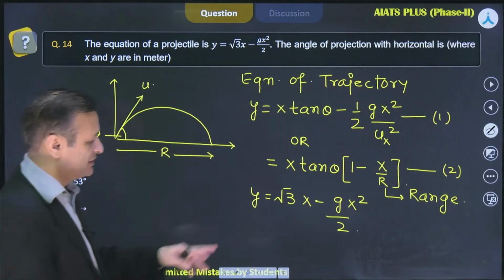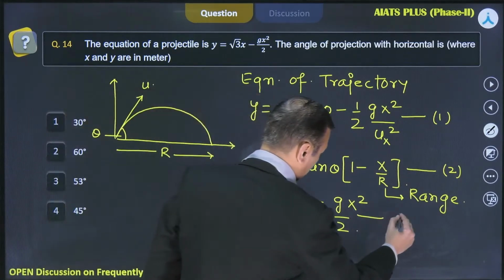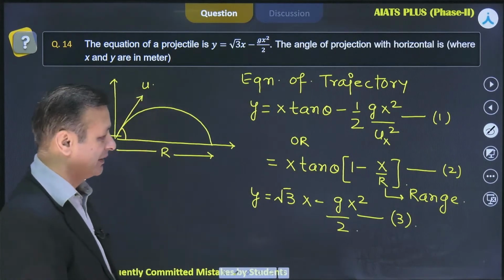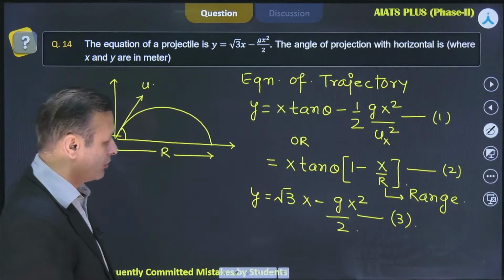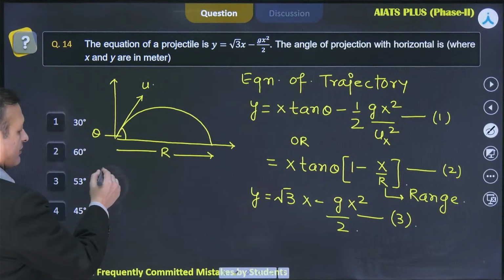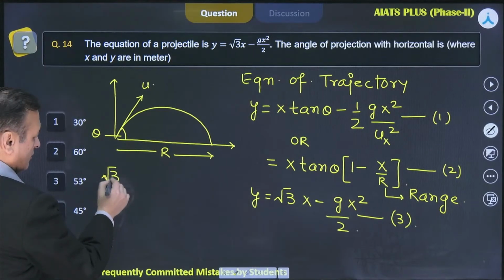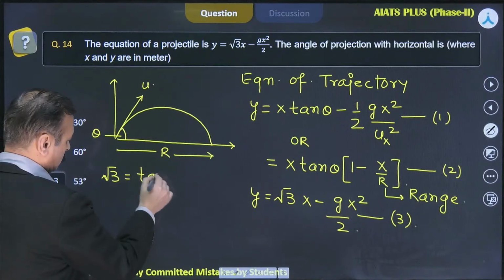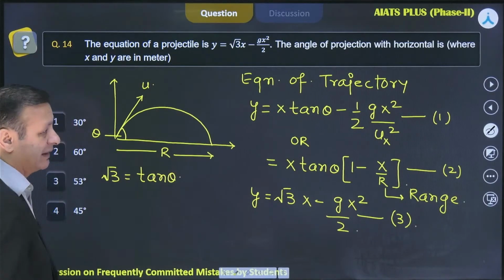Now you compare this equation number 3 with the equation number 1. So what you observe, on comparing, can you see, shall I write down root 3 as tan theta? One thing.